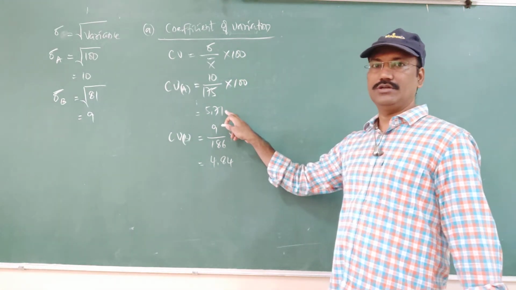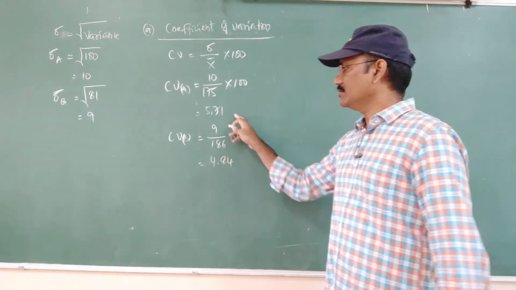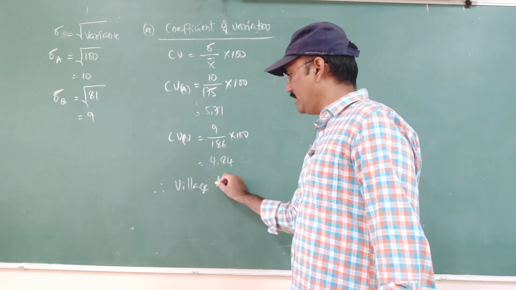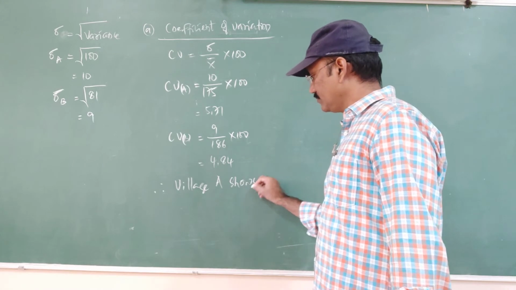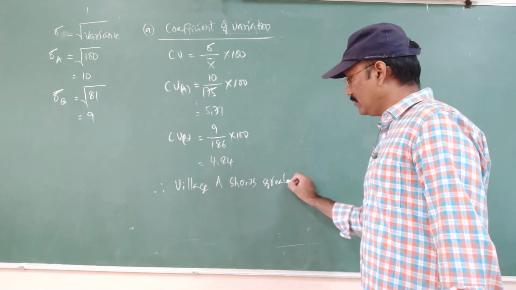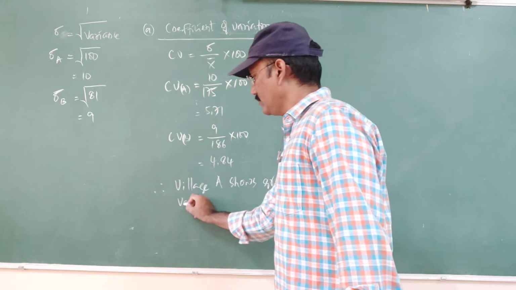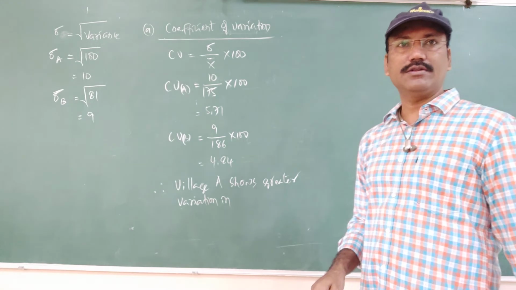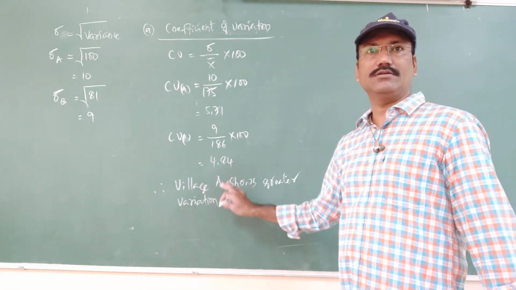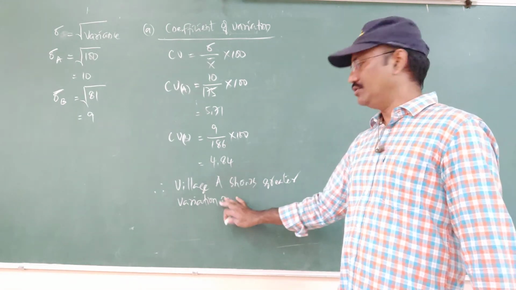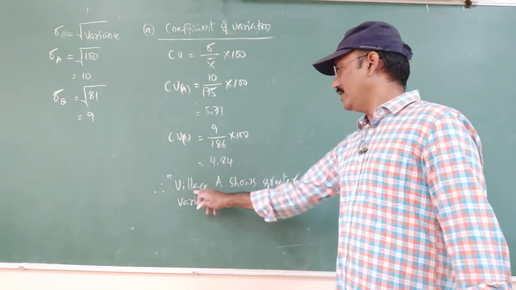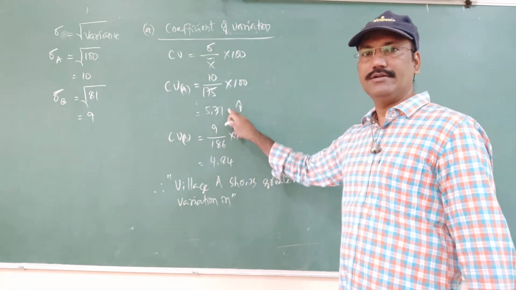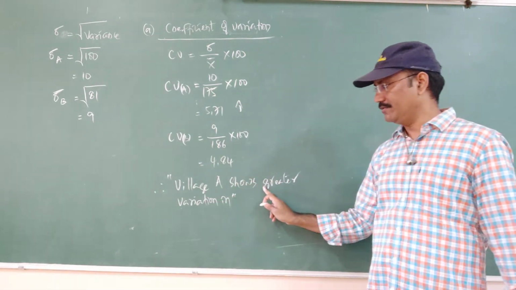So you need to write: village A shows greater variation, because its value is higher compared to the other. The greater variation is in village A.